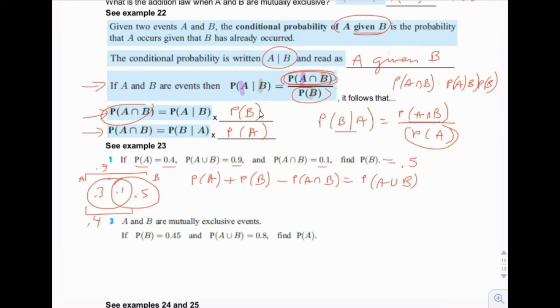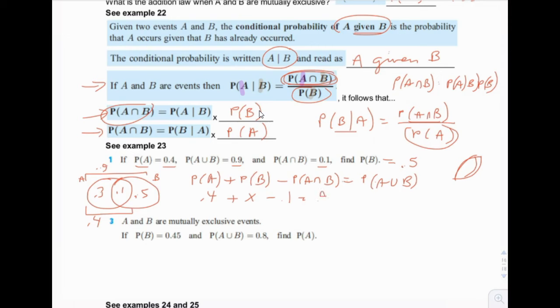You know, I say the fish part because it looks like a fish. Okay. The probability of A is 0.4. The probability of B, we don't know. The probability of A intersect B is 0.1. And the probability of A union B is 0.9.